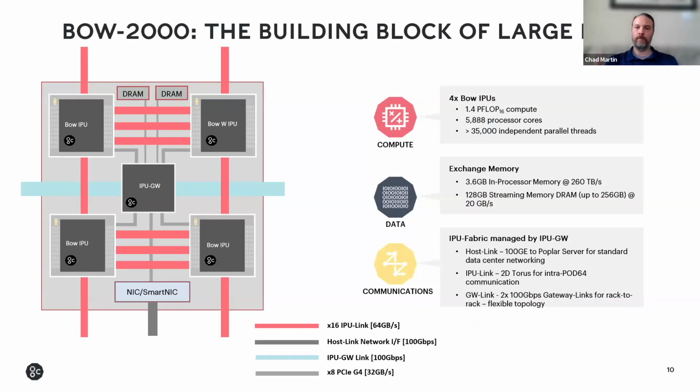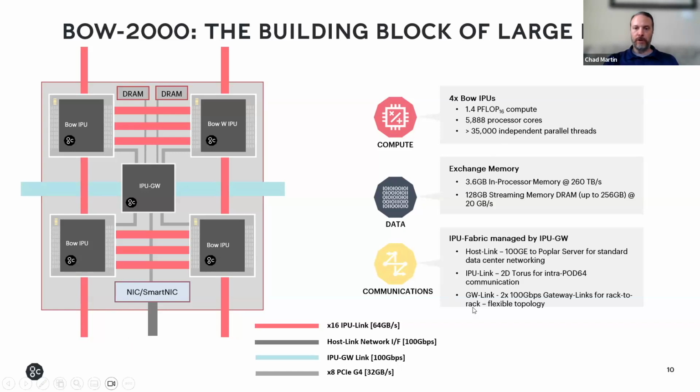You'll have a server, which in the case of the Argon system is a Dell PowerEdge R6525 that has dual 64 core processors in it. That server connects to a switch via 100 gig Ethernet. Each of these BowPod2000s connects to the same switch via 100 gig Ethernet, and that's how they communicate with each other. That's where you get that flexibility in the number of servers that you need.